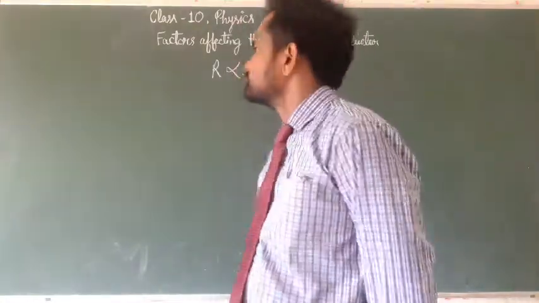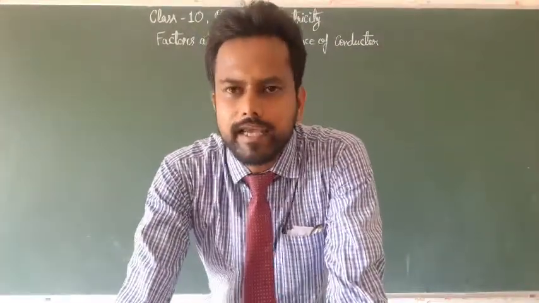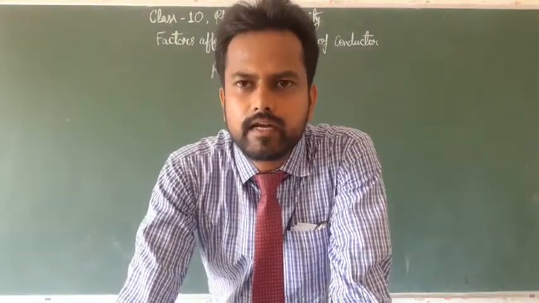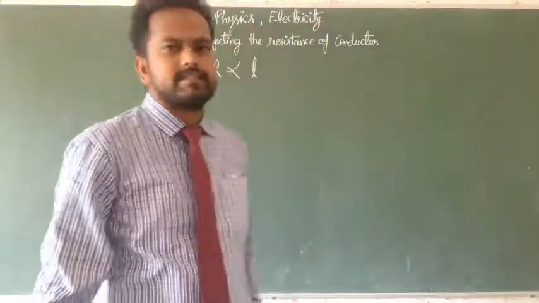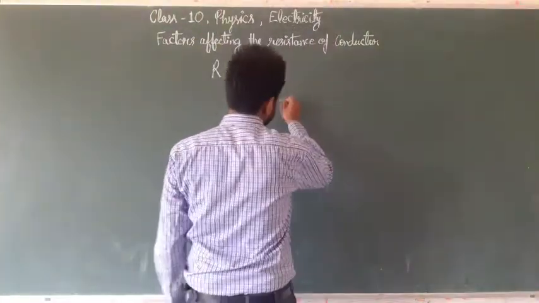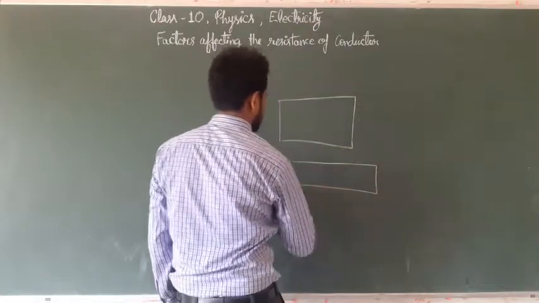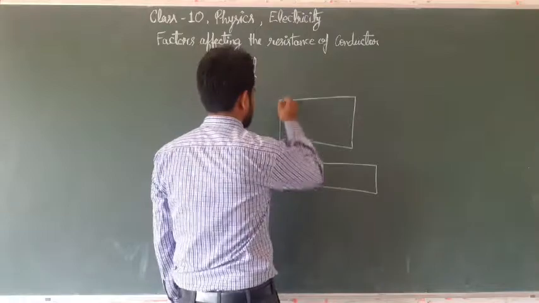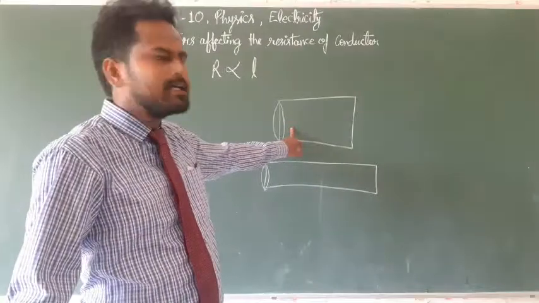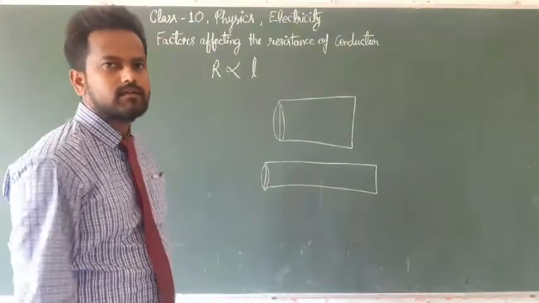Second thing, the cross sectional area. If we increase the cross sectional area of conductor, then resistance decreases. What does it mean? Suppose in this figure the cross sectional area is greater than the cross sectional area of this wire.